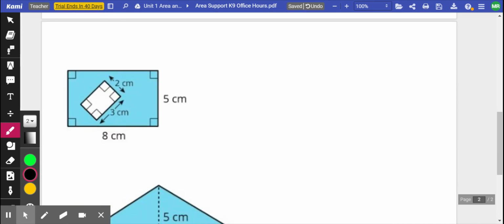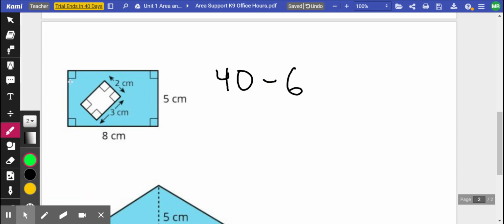Okay, for this figure, the shaded portion has a white region, an unshaded region inside of it, so we need to subtract out the area of that region. The large rectangle is an 8 by 5 rectangle. 8 times 5 is 40. The unshaded rectangle inside is 2 centimeters by 3 centimeters. 2 times 3 is 6.